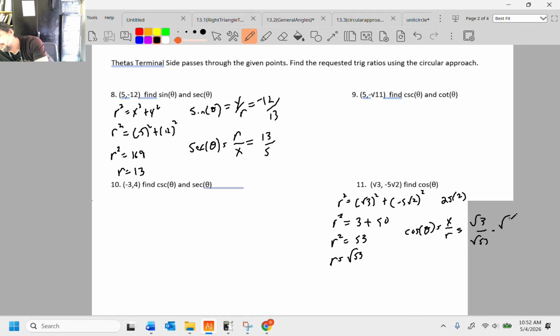We're going to multiply top and bottom by root 53. 3 times 53 is 159, so root 159. And root 53 times root 53 is 53. Will that simplify? 159 is divisible by 3, 53 times, but I can't take the square root of either one of those two, so this thing is done.